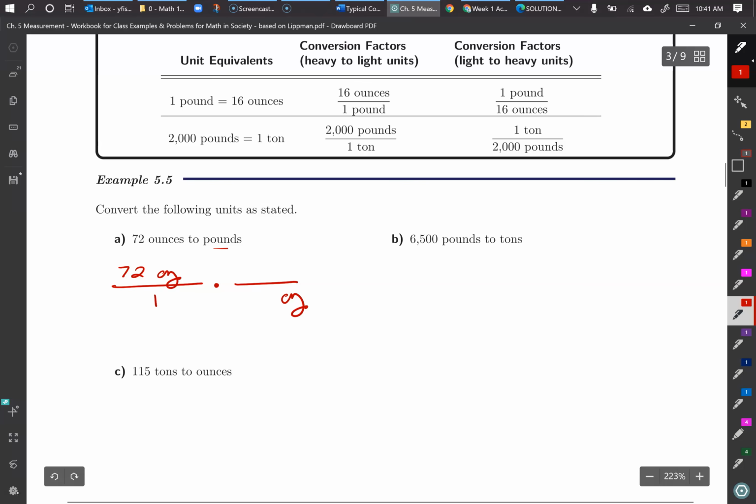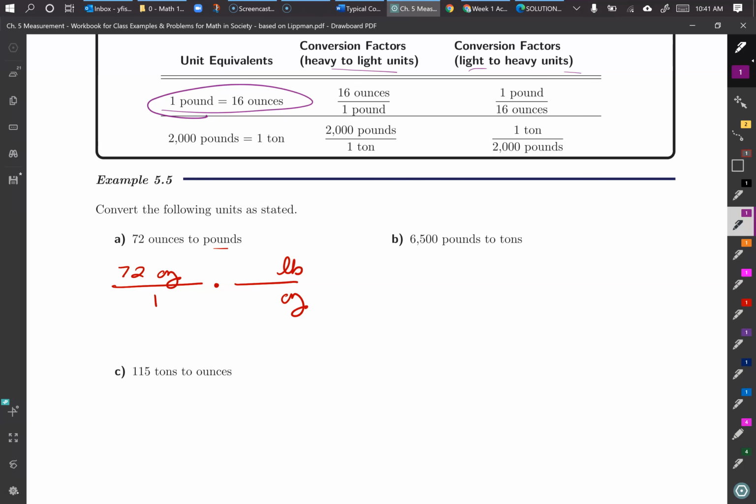A lot of times instead of writing out pounds, we write LB. And we are looking at the conversion here, 1 pound to 16 ounces. So you don't have to really even think about heavy to light, light to heavy. Just know what you're given, what you're trying to get to, and write out the units as I did, and that'll dictate how you set it up.